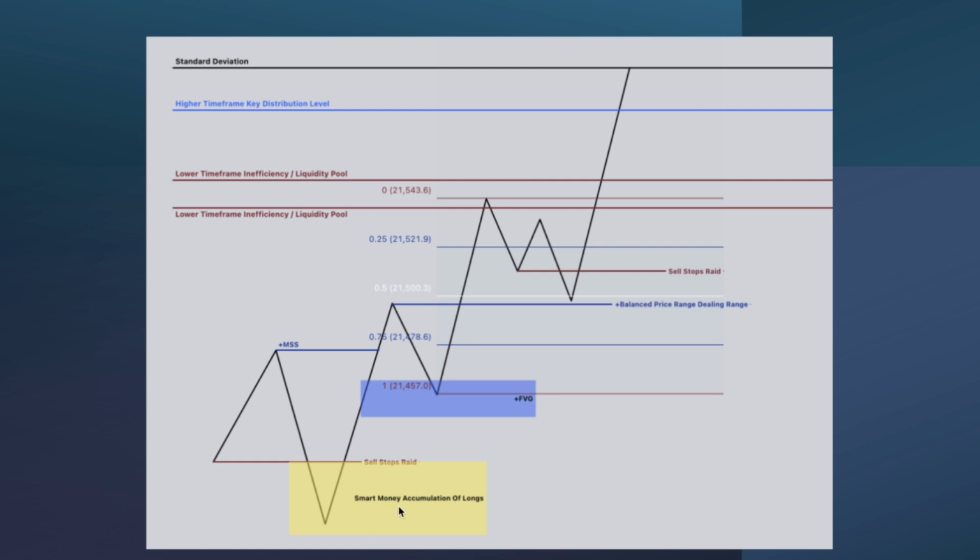Smart money has successfully accumulated longs. The market has shifted from a sell program into a buy program, and now we're looking for higher prices.